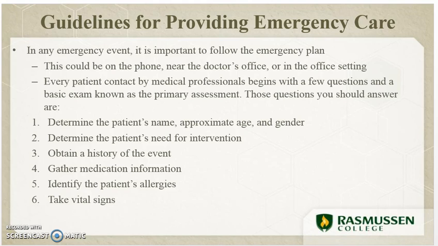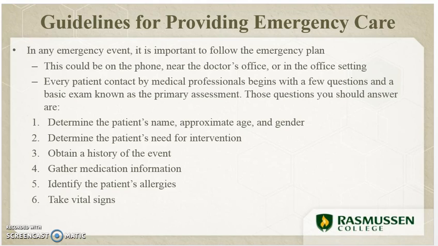When you are over the phone taking a call, you need to use what we call your triaging skills, and that means that you prioritize and assess the emergency and the needed care of the patient. When you're doing this, you will also need to ask a few questions to get more information, such as the patient's name, age, and gender.